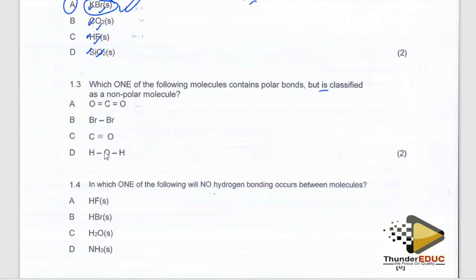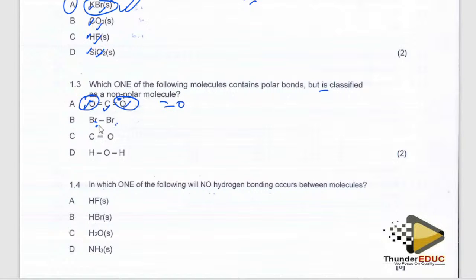So when you look at this, they are saying but is classified as non-polar. These bonds have different electronegativity, but the force on this side and the force on this side is equal. Therefore, the answer is going to be 0 at the end of the day.